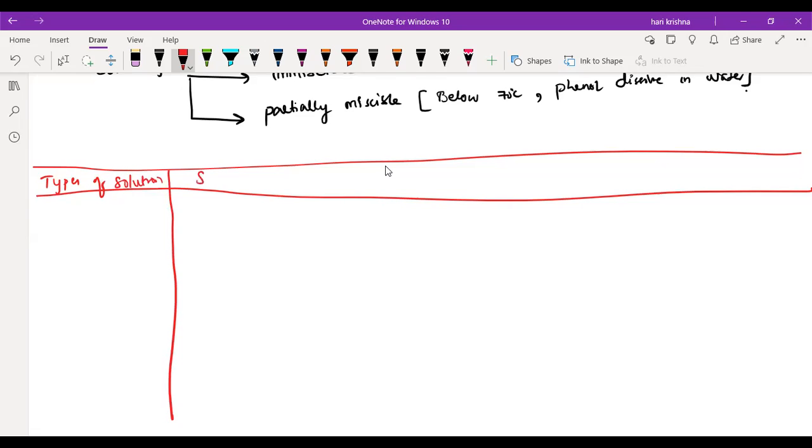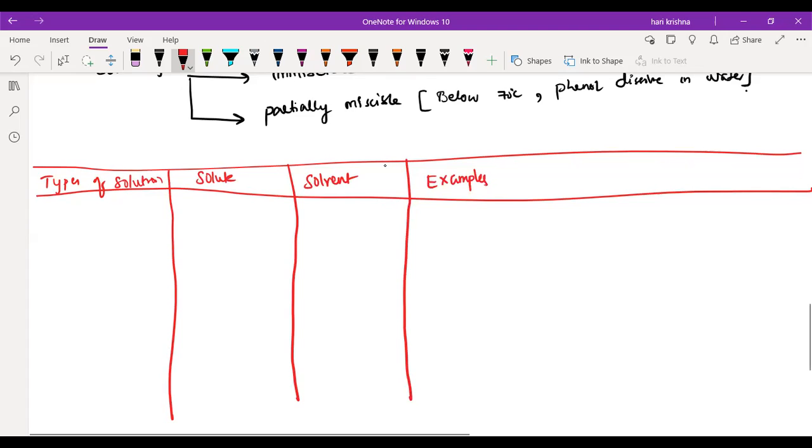Now first tell me, the state of the solution will depend upon what? Shruti? The state of the solution depends upon what?